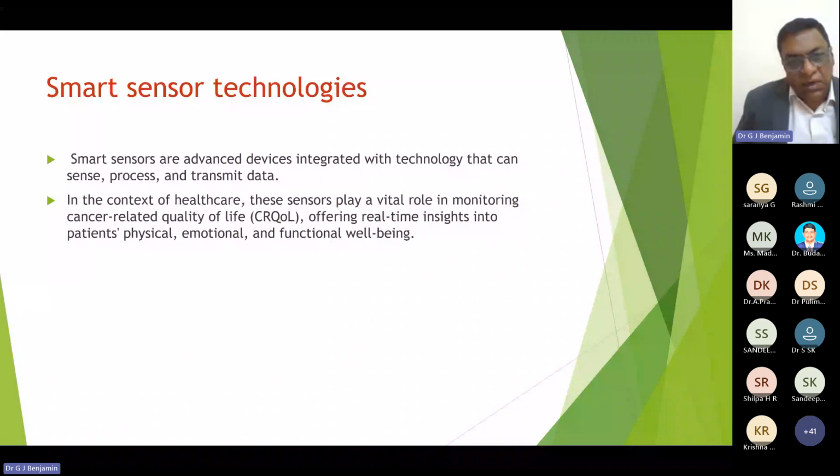Smart sensors are advanced devices integrated with technology that can sense, process, and transmit data. In the context of healthcare, these sensors play a vital role in monitoring cancer-related quality of life, offering real-time insight into patients' physical, emotional, and functional well-being.